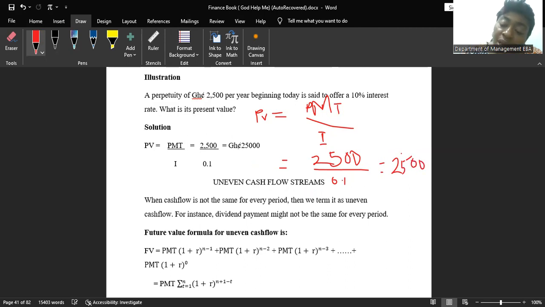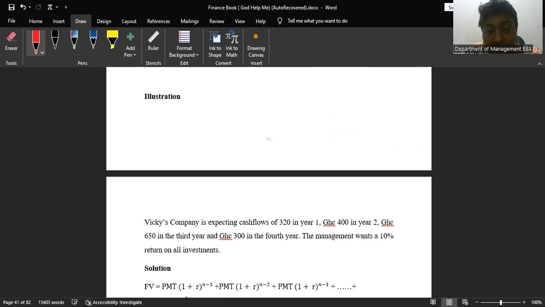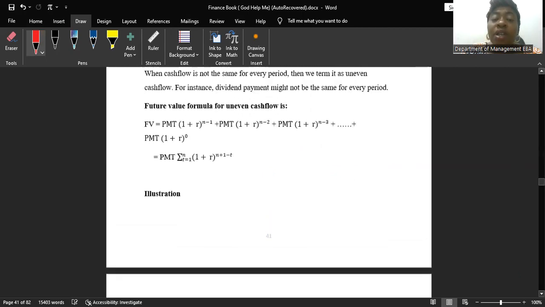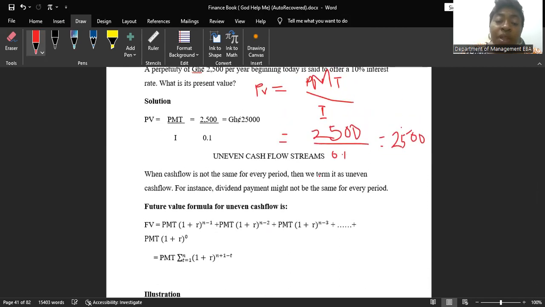Now, the next thing we are going to learn is unequal cash flow. Unequal cash flow. When we talk about unequal cash flow, we are saying that we have unequal amounts for a specified period.